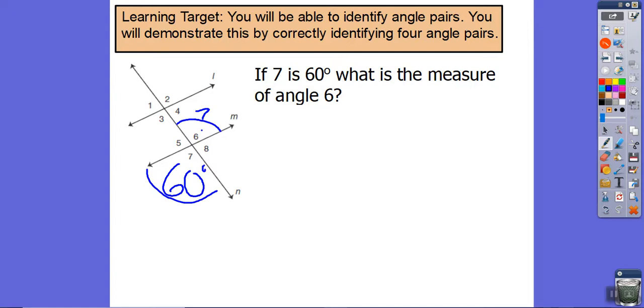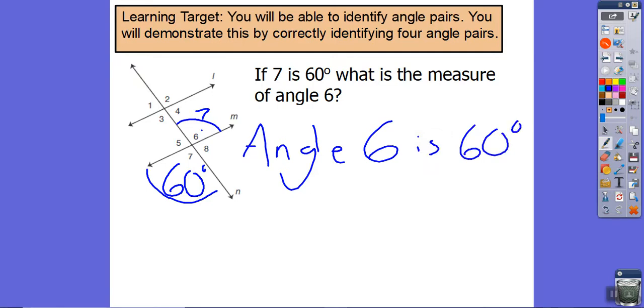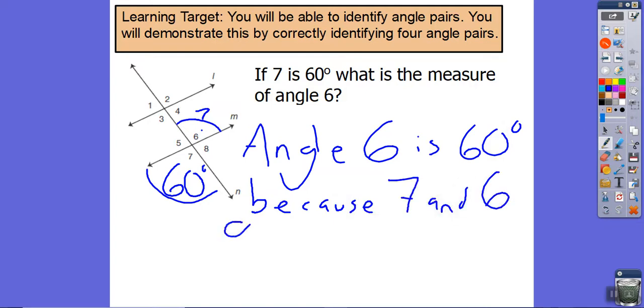That means they are equal. So I'm going to start by saying angle 6 is 60. That's step 1. Because, and then say the two angles, because 7 and 6 are, and then we're going to drop the vocab word. In this case, it is vertical.